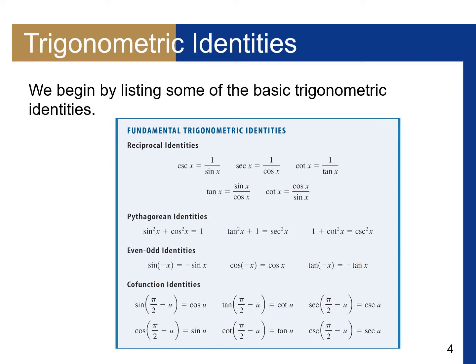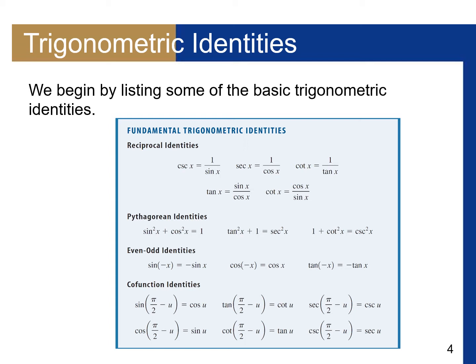So those are important in this section as well. Even-odd identities, also we've already worked with. Sine is an odd function, cosine is an even function, and because tangent is sine over cosine, that would make it an odd function. The only ones we haven't looked at yet are the cofunction identities.